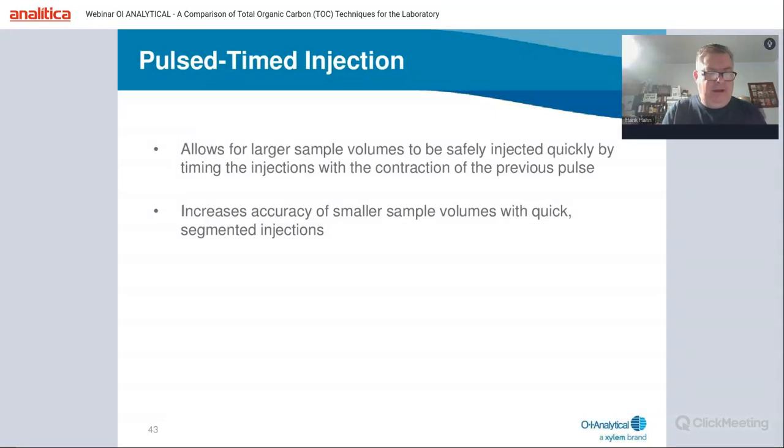And the pulse time injection allows both large and small sample volumes to be injected more accurately into the furnace. The interval between pulses allows the carbon in the previous pulse to fully vaporize and react with the catalyst.